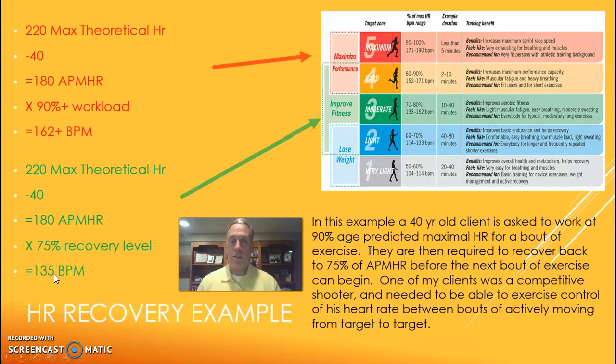So one of my clients is a competitive shooter, and part of his competitive shooting is he has to go from stage to stage to stage, transition, pull out his gun, shoot, shoot, shoot, then run across, shoot, shoot, shoot. So what we have to do is we have to work him in these stages and get him in the position where he can learn how to recover and actually have that fight or flight switch to rest and digest, right?